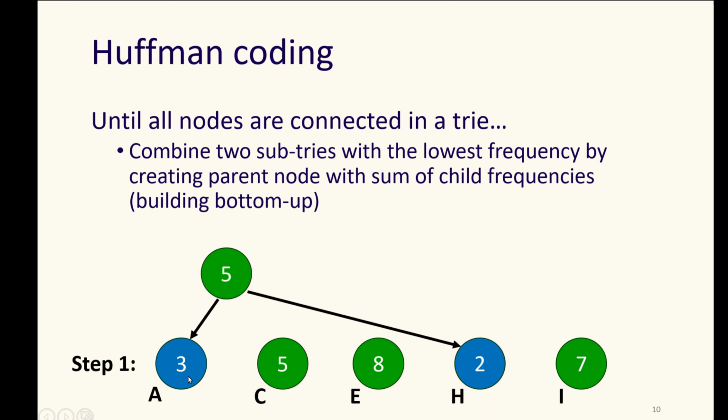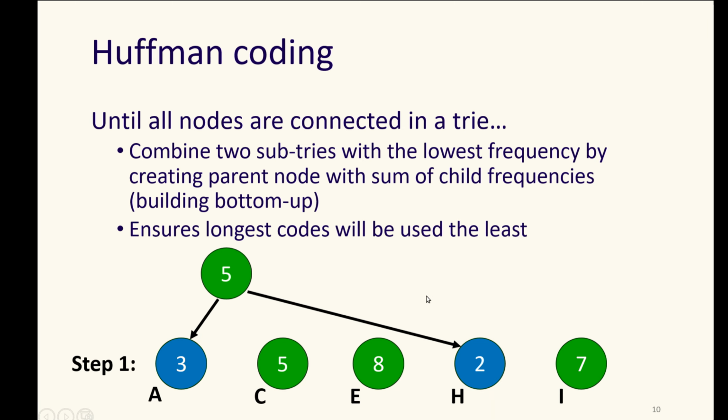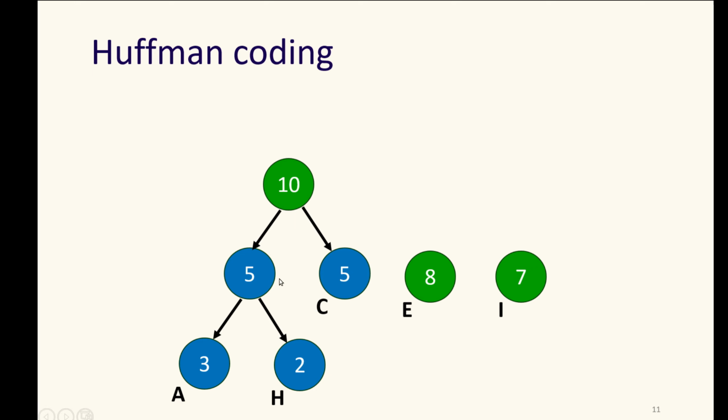That means that A and H will have the longest sequence of key, and they are the ones that will show up the least often. So we'll use short keys for things that show up more often. Our A and H subtree gets combined with C to make a larger subtree and creating a parent node for them. And then E and I are the most frequent.